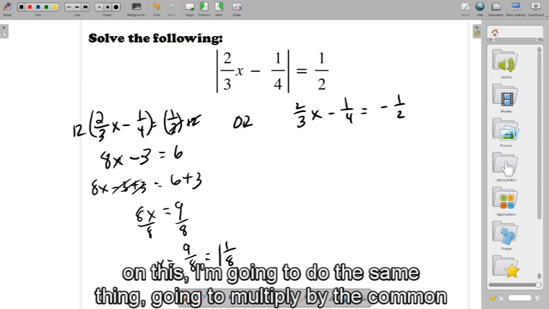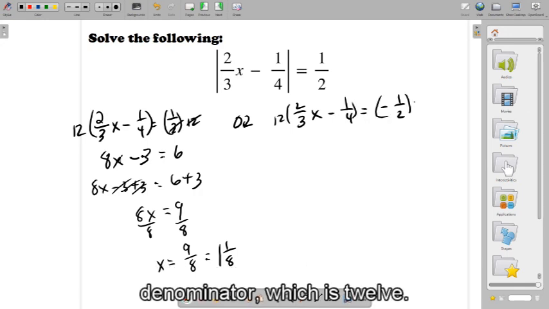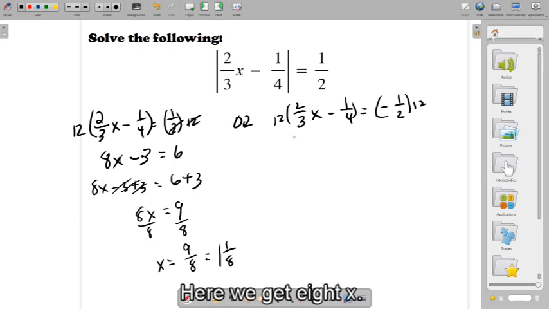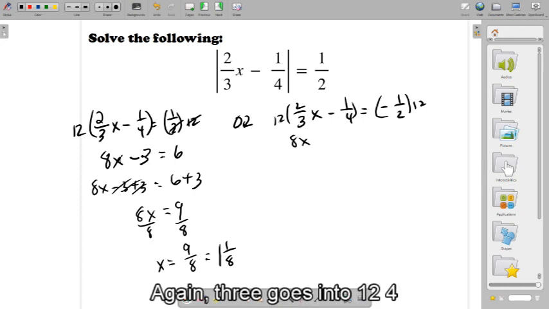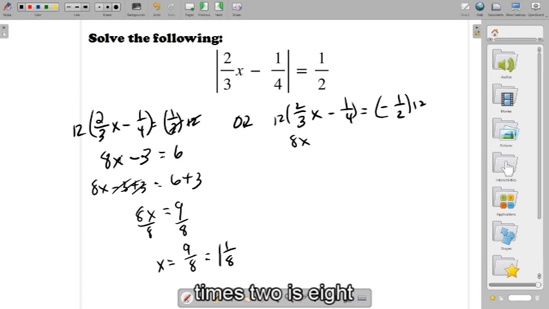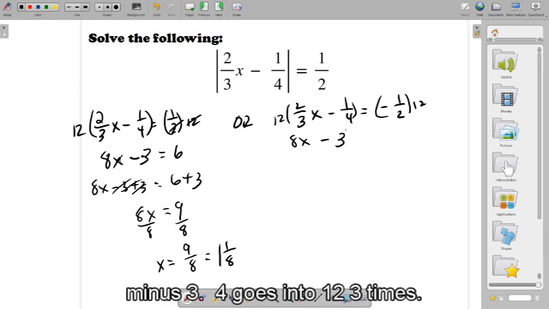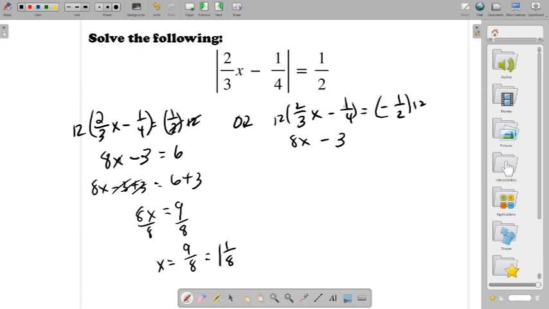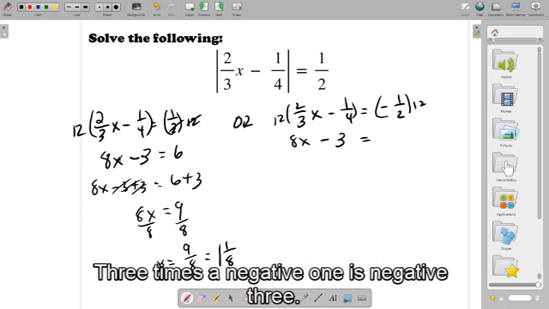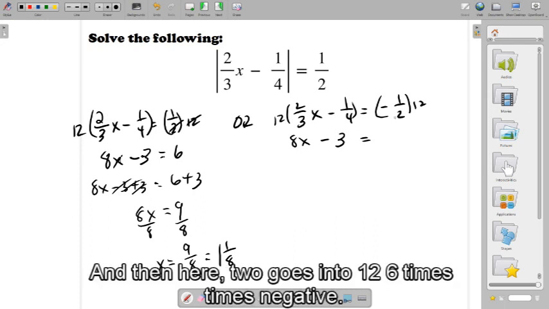On this side, we're going to do the same thing. We're going to multiply by the common denominator, which is 12. Here we get 8x again. 3 goes into 12, 4 times 2 is 8. Minus 3. 4 goes into 12 3 times. 3 times negative 1 is negative 3. And then here 2 goes into 12 6 times.